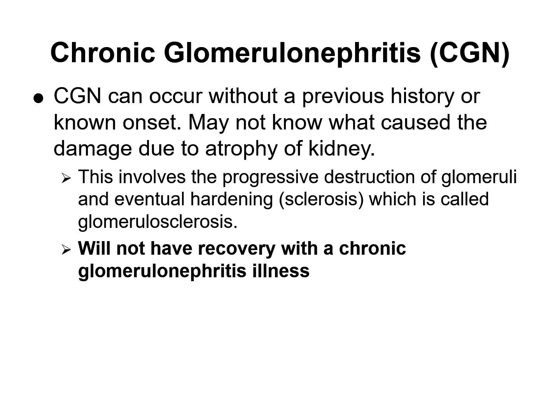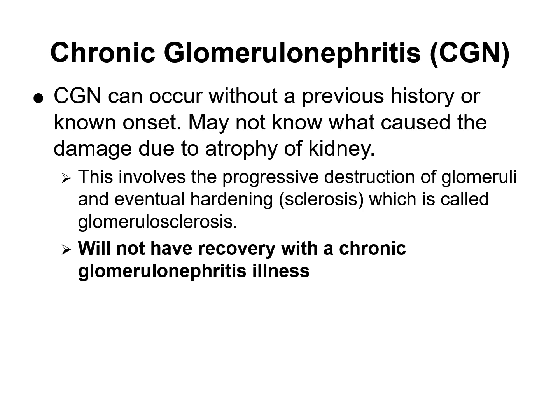So what happens, it involves the progressive destruction of glomeruli and eventually hardening or sclerosis, and that is called glomerular sclerosis. You will not have recovery with a chronic glomerular nephritis illness.